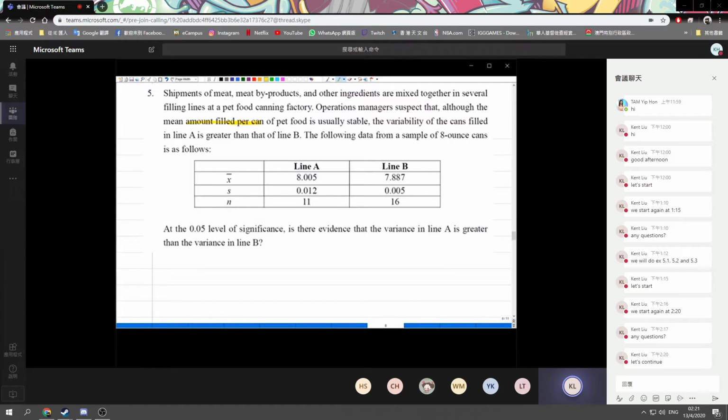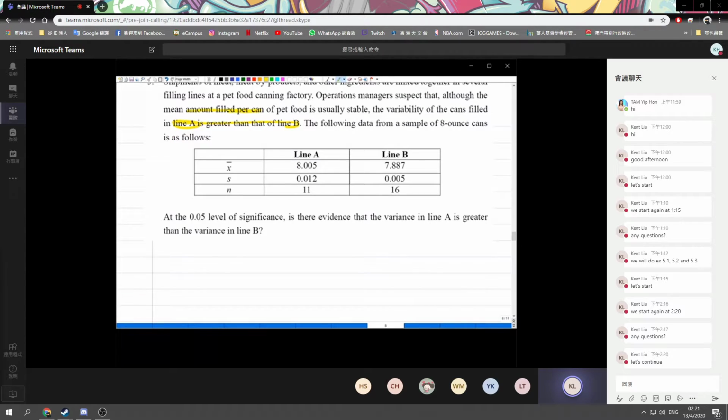So this is pet food. The operations manager believes that the variability of cans filled in line A is greater than line B, and you want to see whether there is evidence for it.